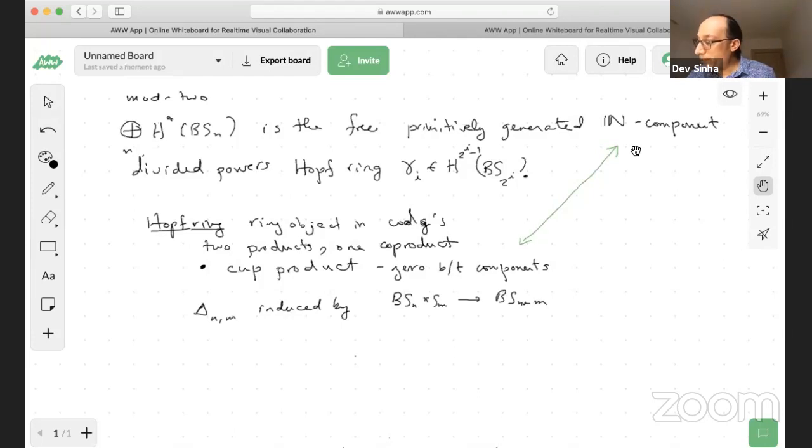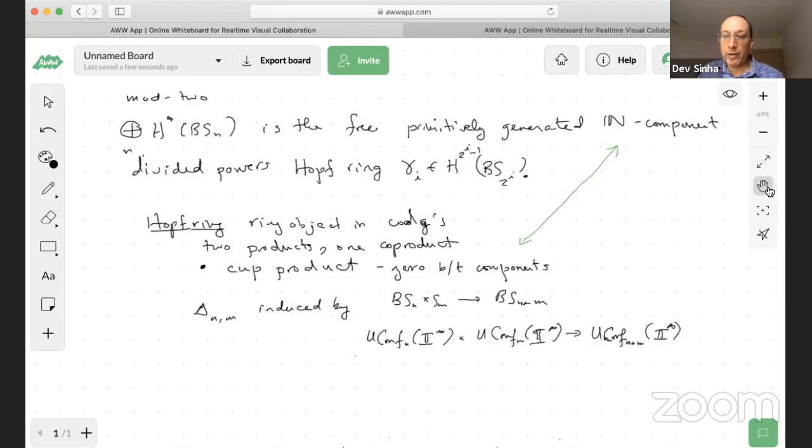Or if you're geometric, you want to think about unordered configurations of endpoints in an infinite dimensional box. If I have m of those, I can stack them next to each other and I get n plus m such configurations. That way gave us a product on homology, but gives us a coproduct in cohomology.